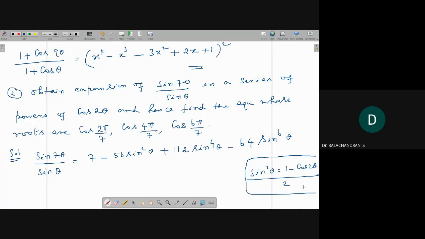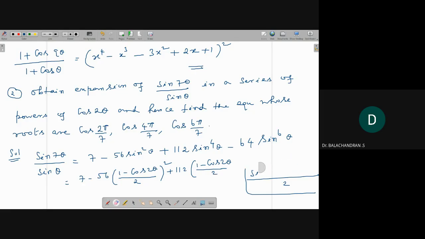So this is equal to 7 minus 56 into 1 minus cos 2 theta divided by 2, plus 112 into 1 minus cos 2 theta divided by 2 whole square.